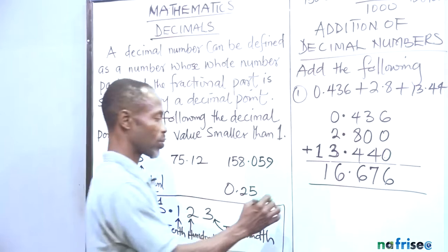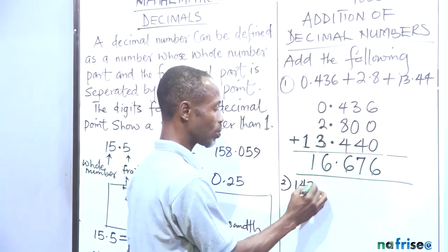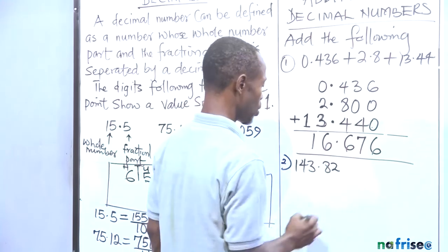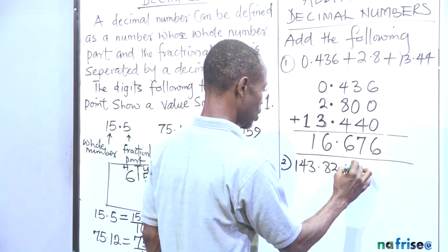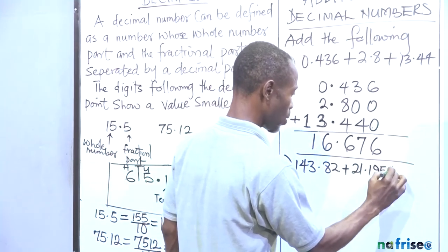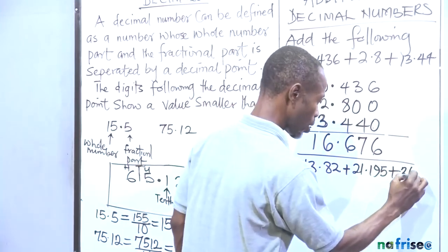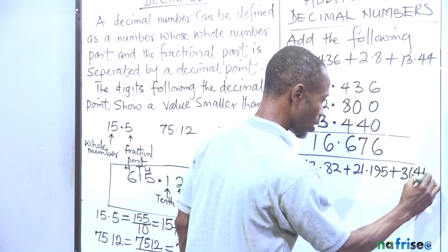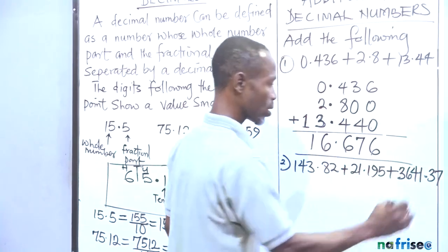Now let me give you another example again. This should help. Let's say we have 143.82 plus 21.195 plus 3641.37.